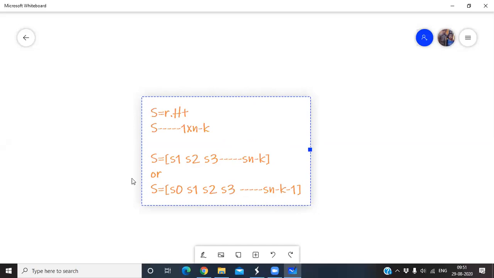But here, why am I starting from 0? When you look at the problem, they mentioned let R equal to R0, R1, R2, R3, R4, R5, R6. Please look into the question: consider the 7,4 linear code whose parity check matrix is given below. Let R equal to R0 to R6. The actual length of the received code vector is 7.